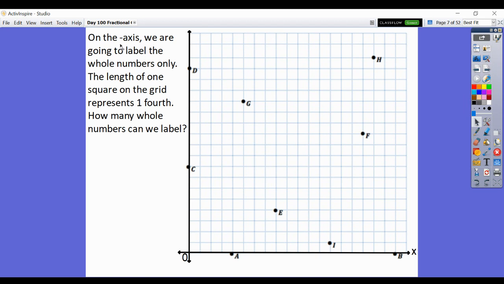Now, on the axis, we are going to label the whole numbers only. The length of one square on the grid represents 1/4. How many whole numbers can we label?